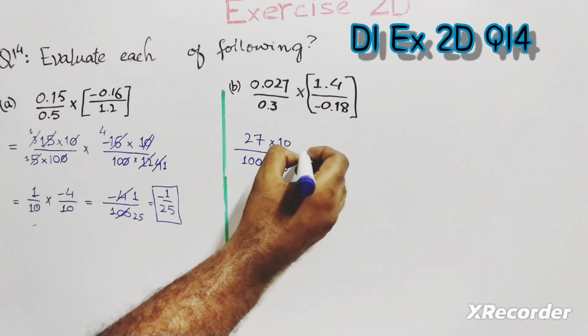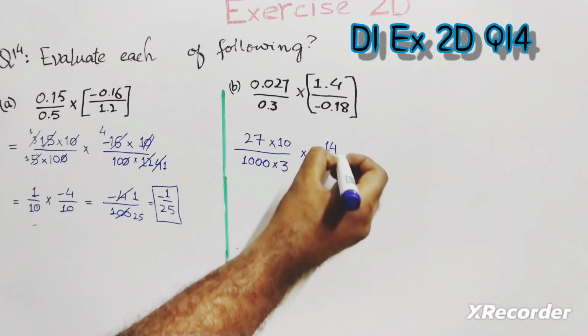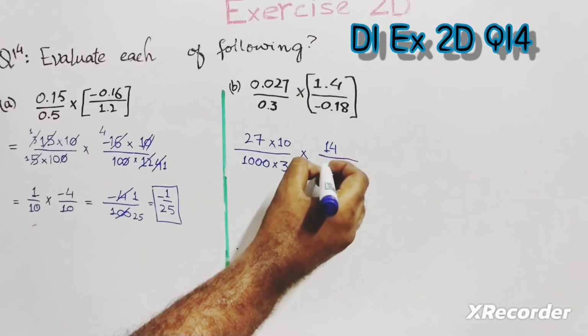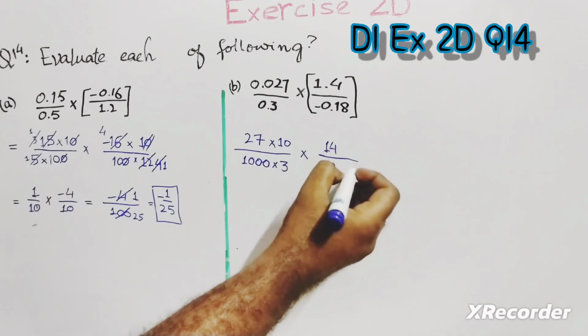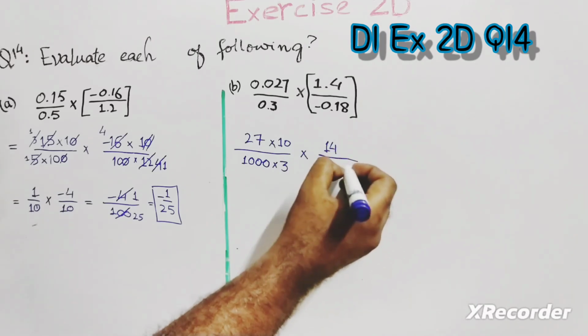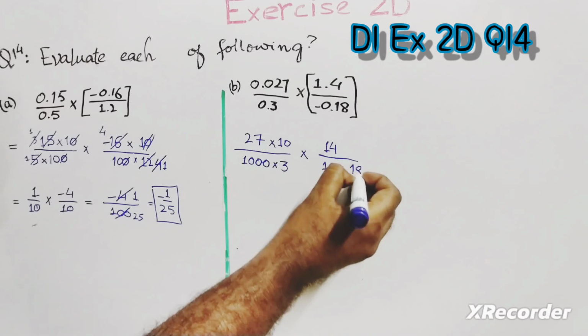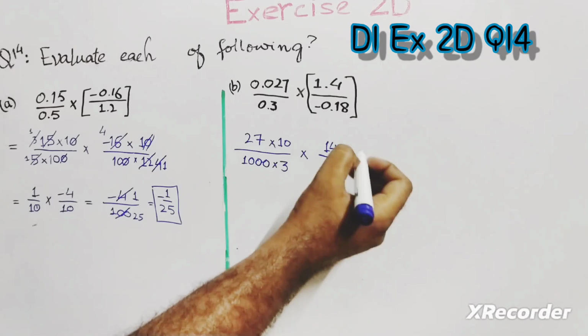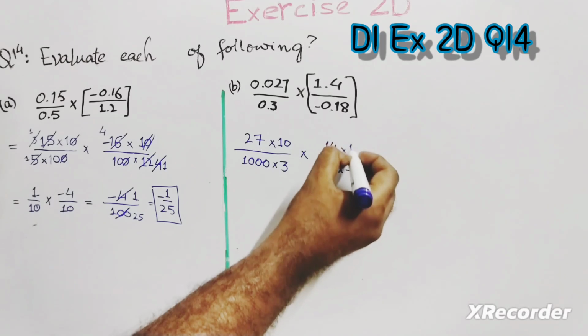In this bracket, 1.4 can be written as 14 divided by 10, and this negative 0.18 can be written as negative 18 divided by 100.